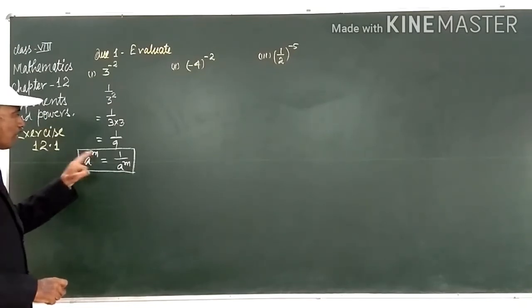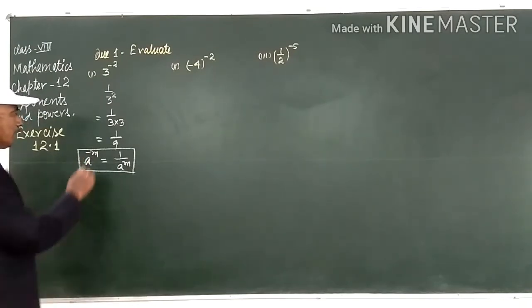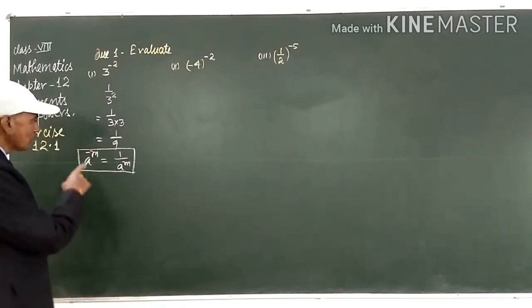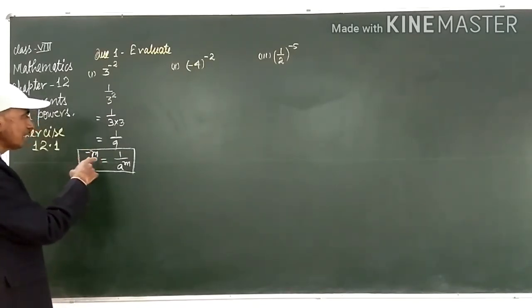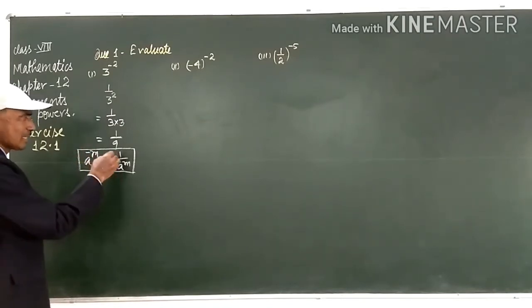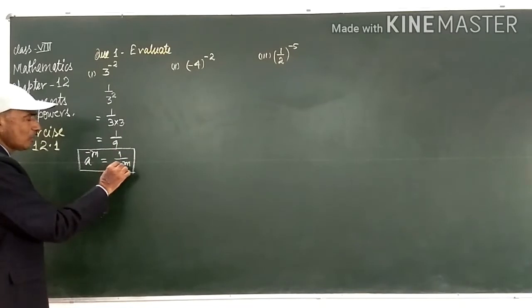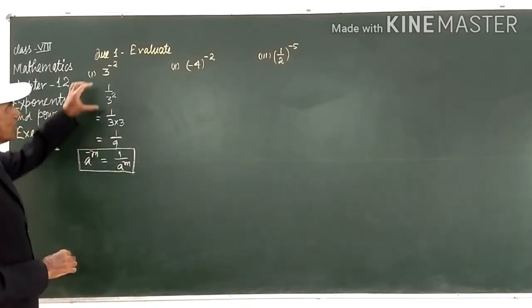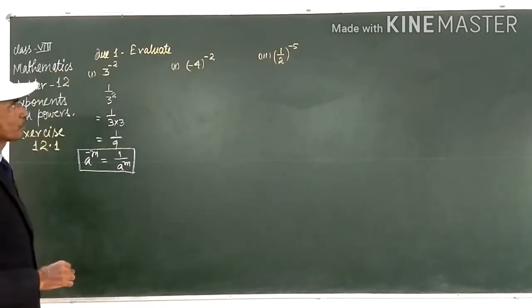So a to the power minus m, it means the exponent is negative here, students. So if the exponent is negative, to make it positive we have to write this like this: 1 upon a to the power m, and we have used this rule to solve this question.